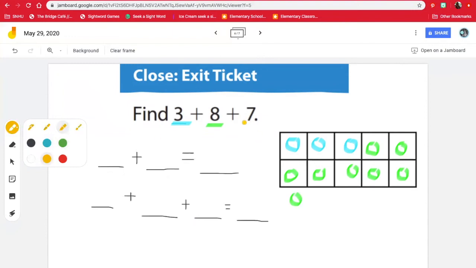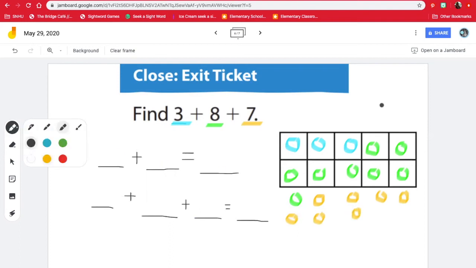And I'm going to use yellow to draw the 7 more. Sometimes when you use 3 different colors in this, it makes it easier to see and easier to count. So you can definitely use 3 colors when you're doing your quiz or completing your other work. So let's count 7. 1, 2, 3, 4, 5, 6, 7.